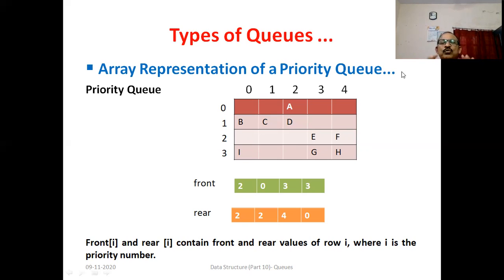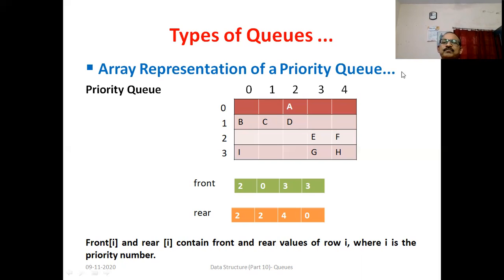Therefore, we take a one-dimensional array of size 4 to keep the front values of all queues. In the same way, we take a one-dimensional array to keep the rear values. The size of rear again is the number of priorities in the system.